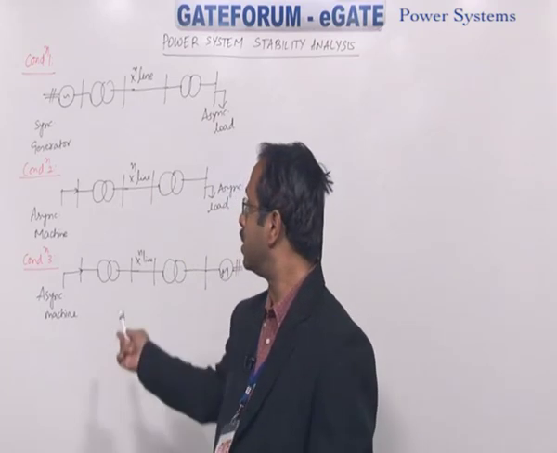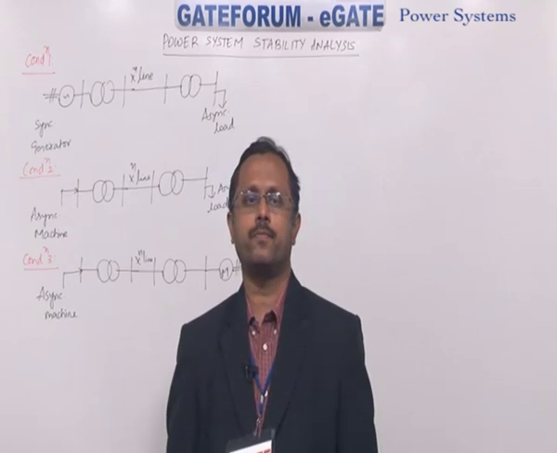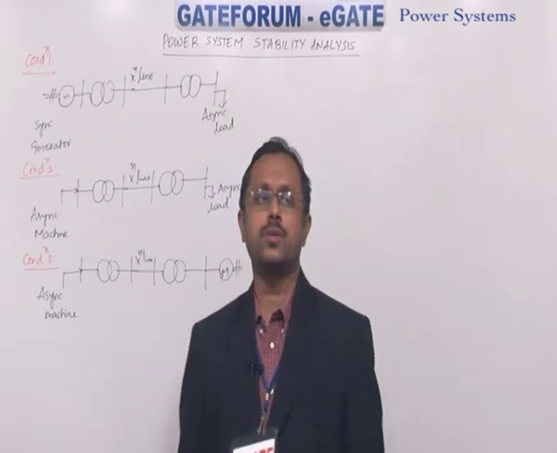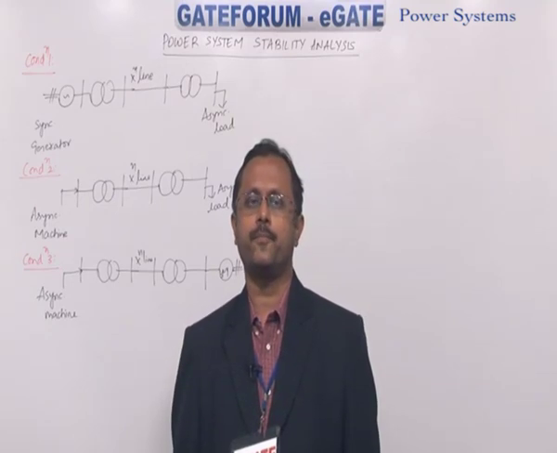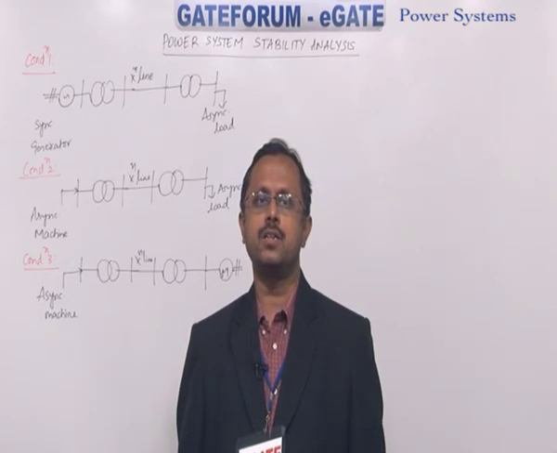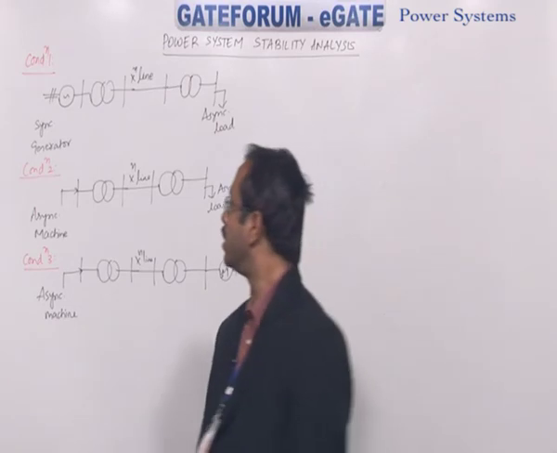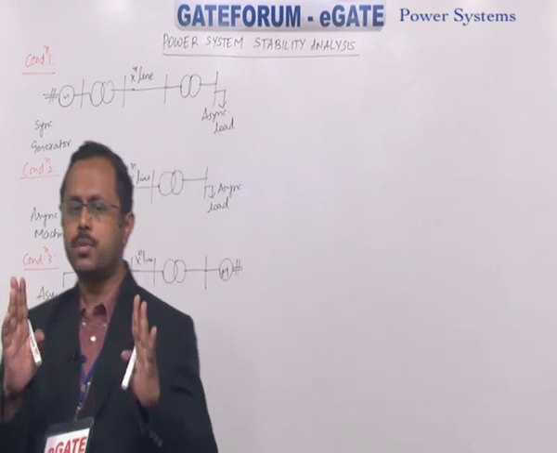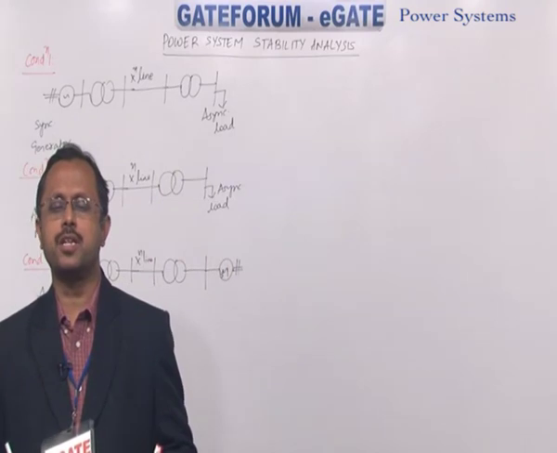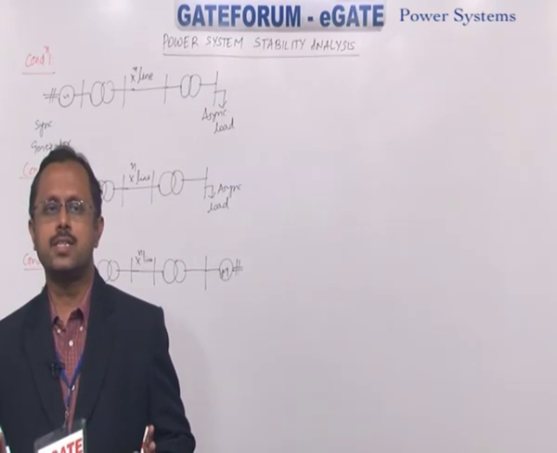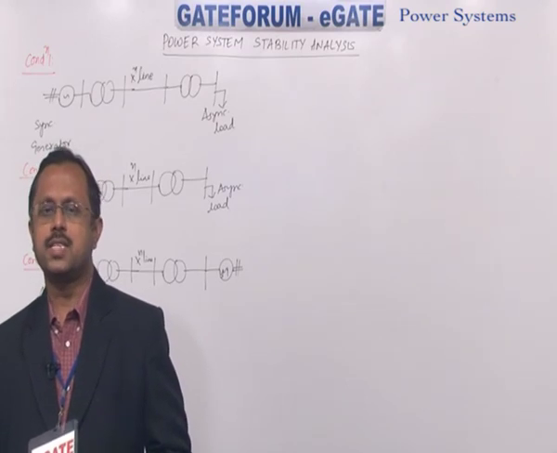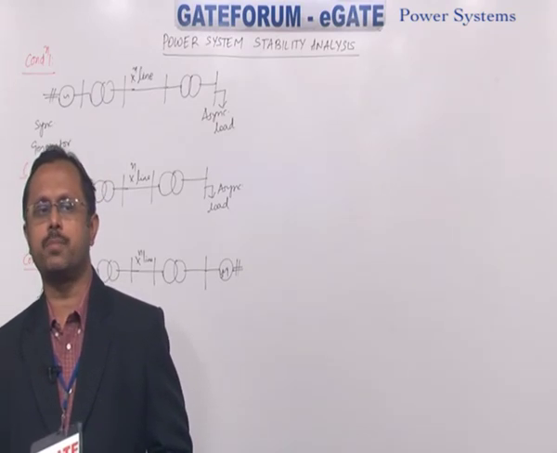Check the source. We have an asynchronous machine, so it is not associated with stability. So to check the stability, you check the source. If we have a synchronous machine at the source, then the single line diagram deals with stability.